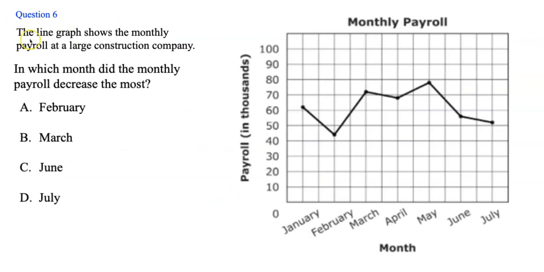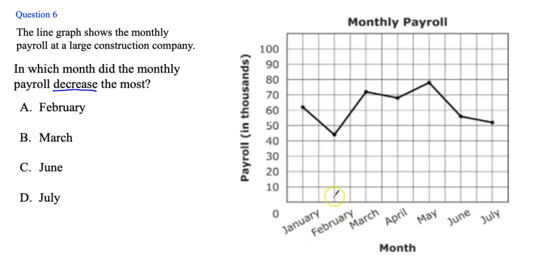Question 6. The line graph shows the monthly payroll at a large construction company. In which month did the monthly payroll decrease the most? Decrease means to go down. So let's figure out the payroll for February, because that's our first answer choice. Here's February.